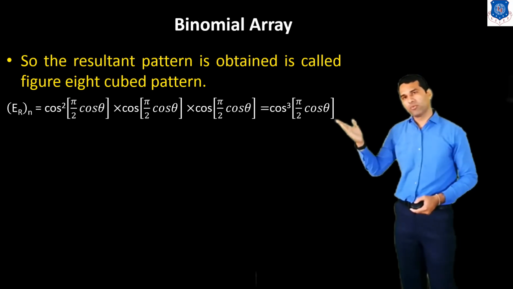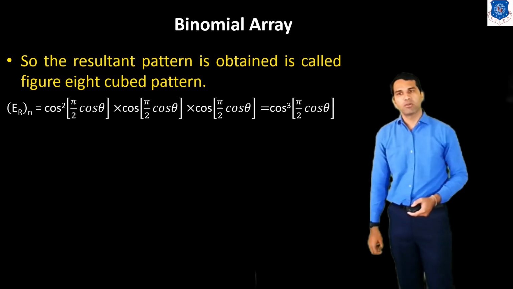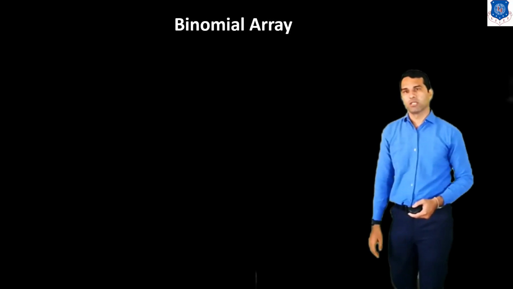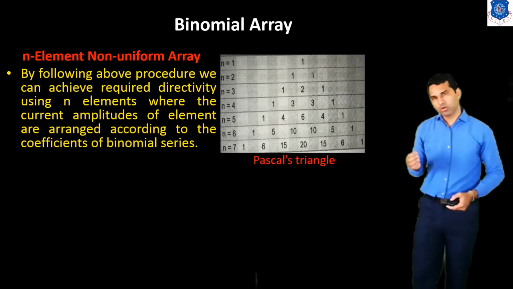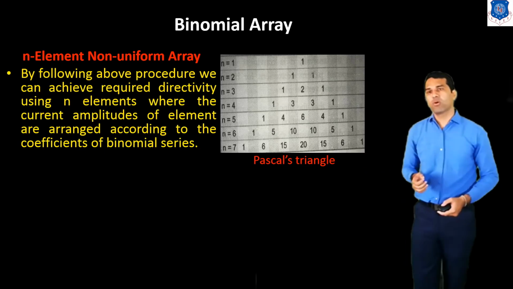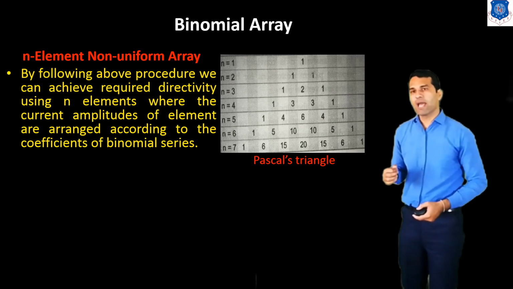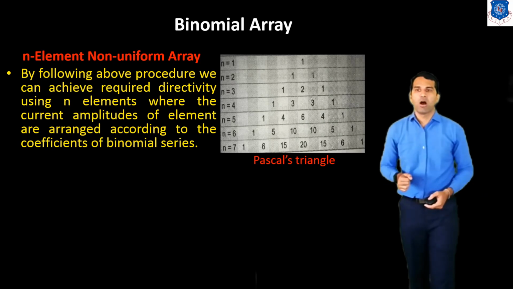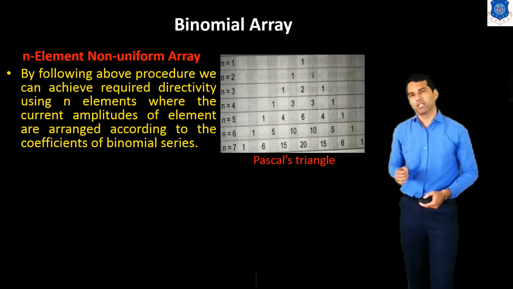So we can write for the 4 element array the equation as cos square of pi by 2 cos theta, times cos of pi by 2 cos theta, so we get cos cube of pi by 2 cos theta. So now we have talked about the 2 element and 3 element arrays. If we have n elements, by following the above procedure we can achieve the required directivity using n elements where the current amplitudes of the elements are arranged according to the coefficients of the binomial series.